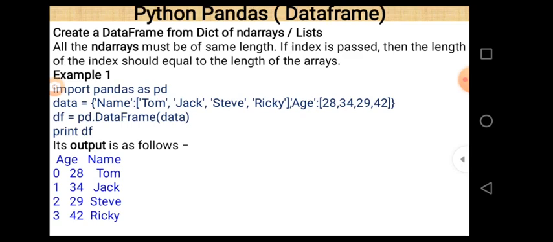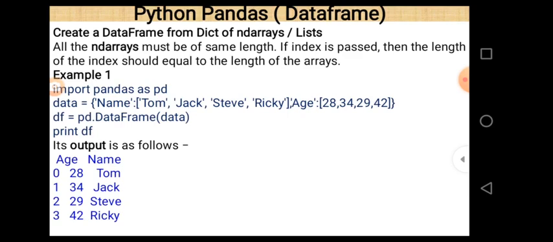So name is the index value here, and Tom, Jack, Steve and Ricky are the corresponding values to that index value. And after that, age are 28, 34, 29 and 42 here. So when we pass data in this manner, it is basically a representation in terms of a dictionary, and as we know, a dictionary has basically 2 terms.